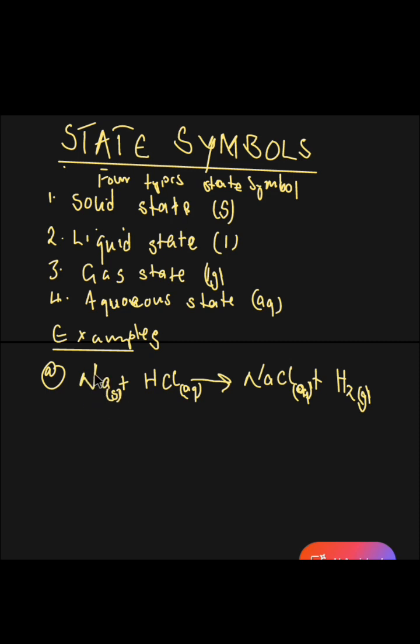So when you look at the first element here, which is sodium, this one is in solid state. Hydrochloric acid has aq in brackets, so this is aqueous state. Then sodium chloride is also in aqueous state. Then hydrogen gas there, it is in gas state.